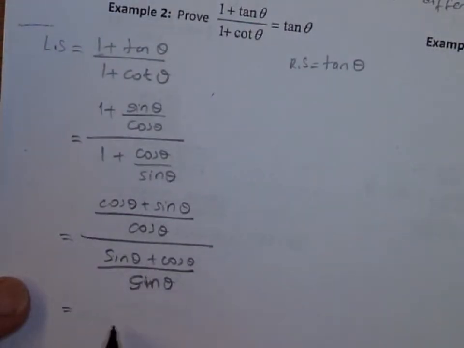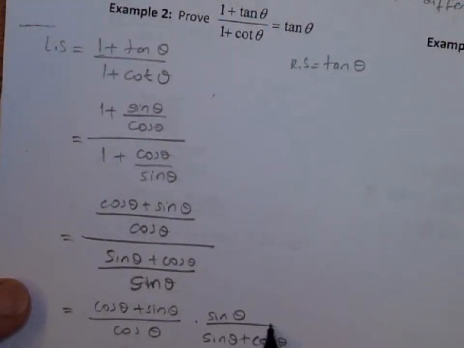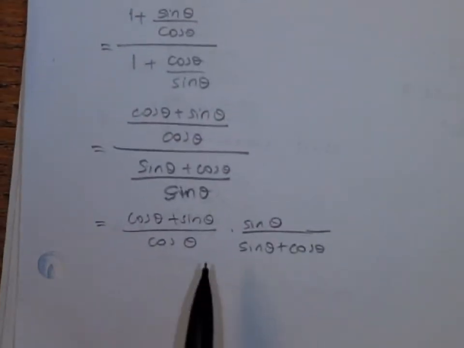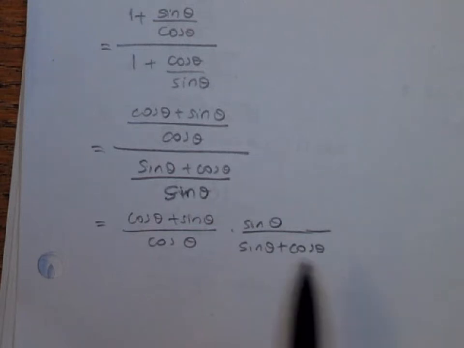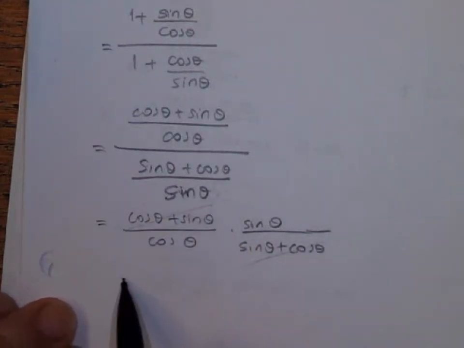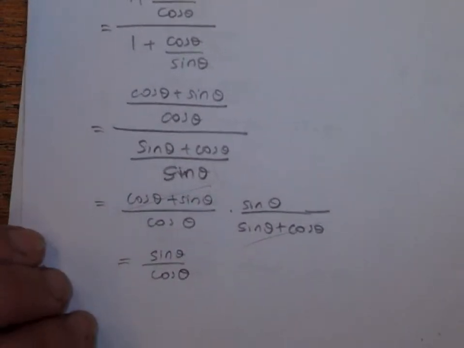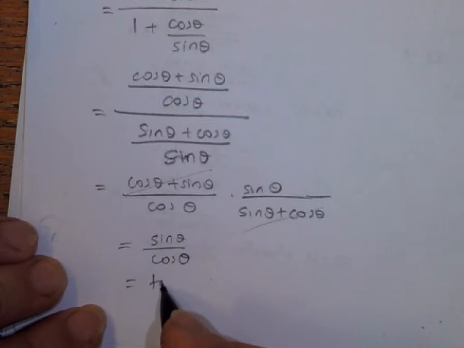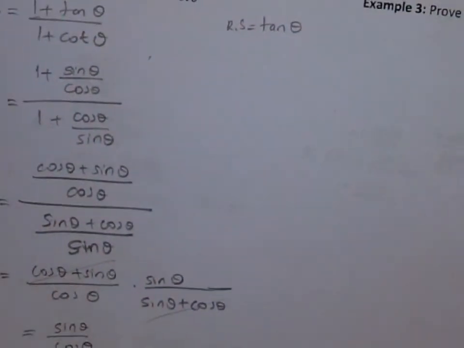Now convert division into multiplication: cos theta plus sine theta over cos theta times sine theta over sine theta plus cos theta. Now cos theta plus sine theta is the same as sine theta plus cos theta, so these can be cancelled. So you end up with sine theta over cos theta, which is tangent theta. So now left side equals right side.